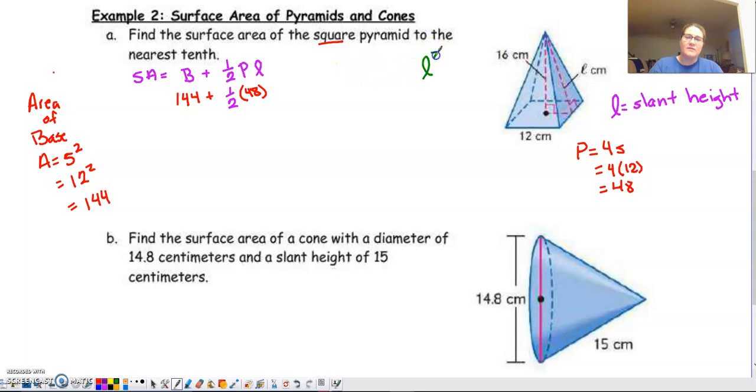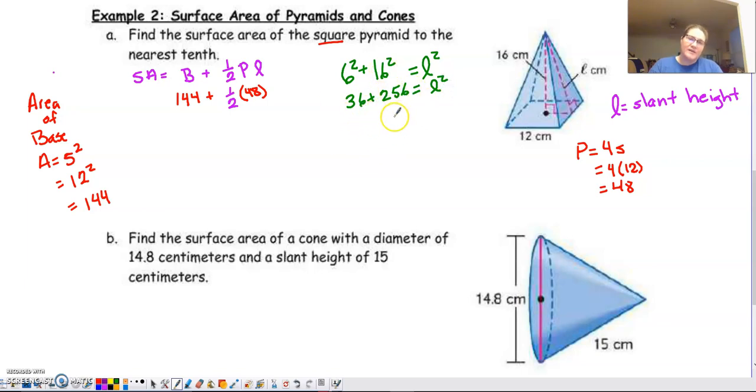So L squared is going to be equal to my A squared, which, since this is the center of the pyramid, is going to be half of 12, plus this side squared. So that's going to be 36 plus 256 is equal to the square of my slant height.